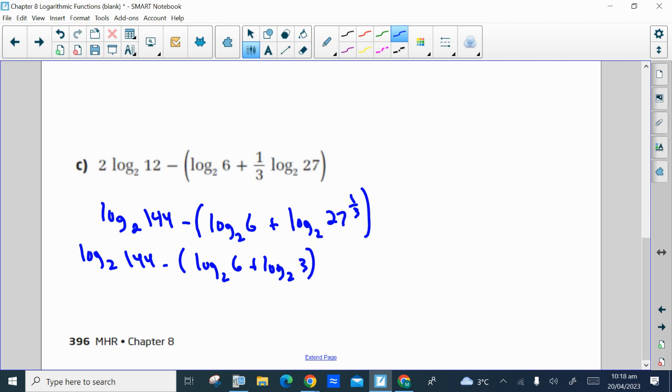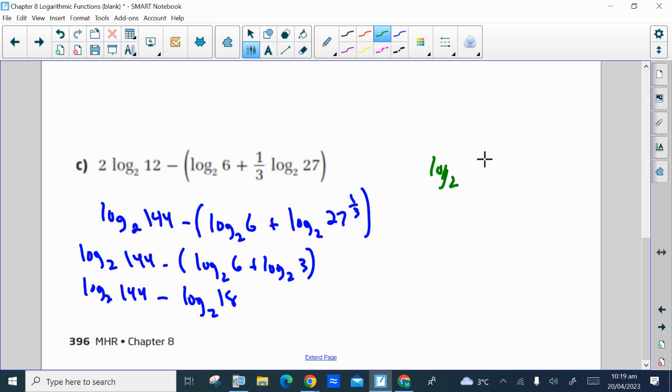And now inside the brackets there, we're adding logs with the same base. We can use the product law to combine those into one log. It'll be log base 2 of 6 times 3, which is 18. And now we've removed the brackets because we only have a single term left there. And we can now combine that expression into a single term.